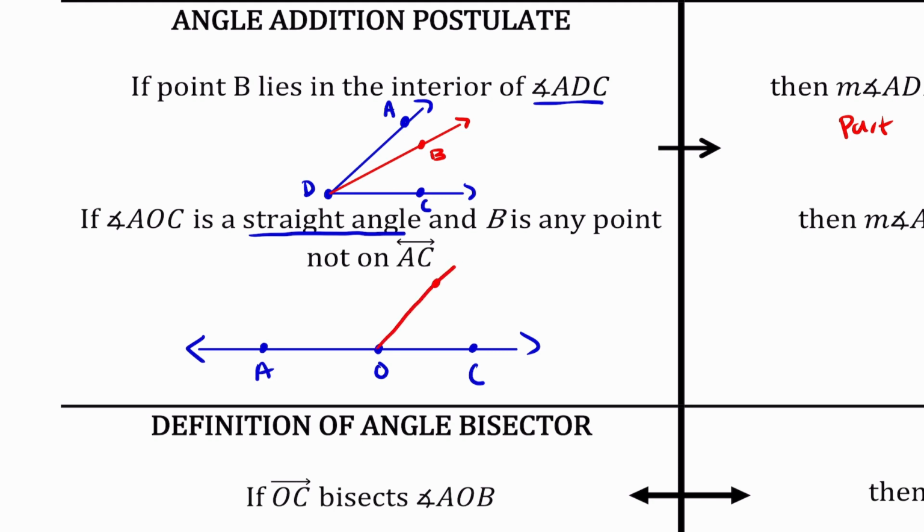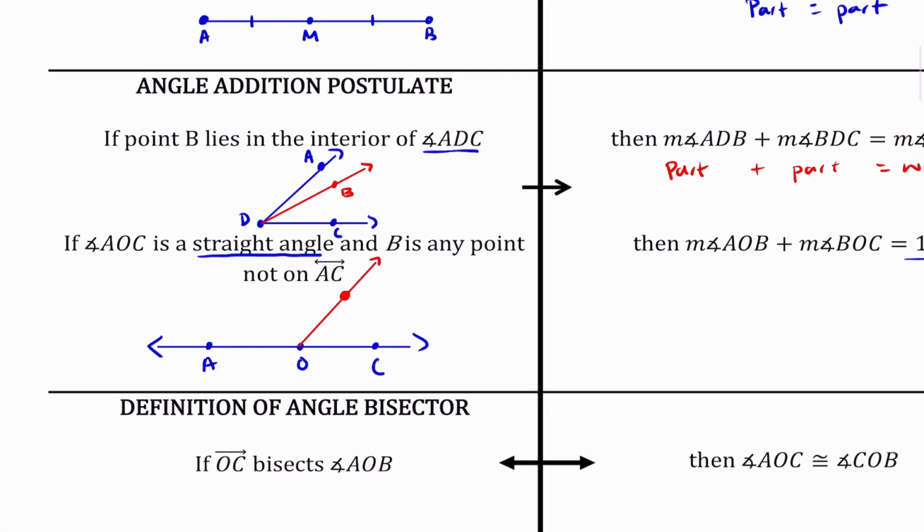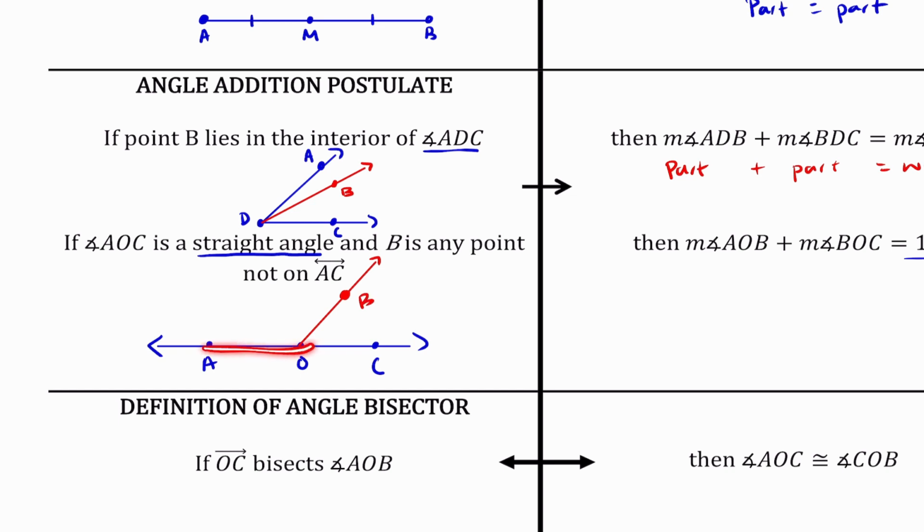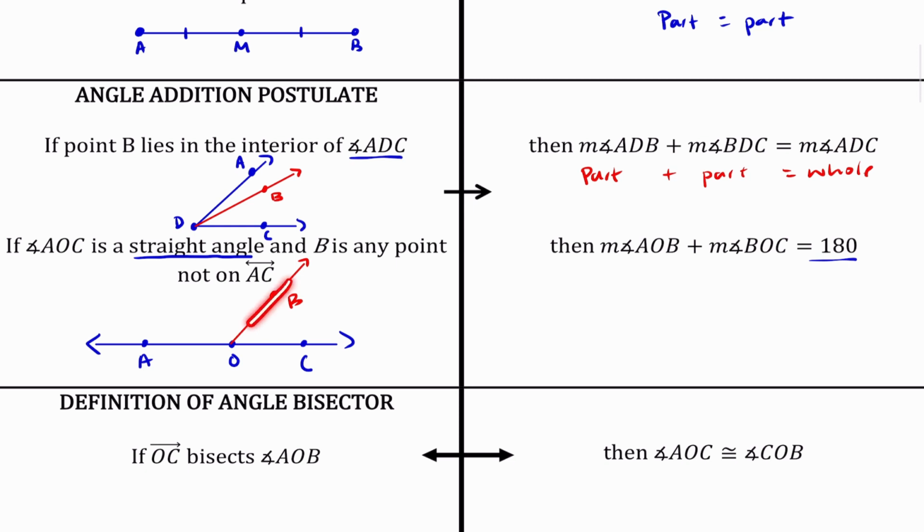So then I'm going to connect that and see that this is a straight line. This is a straight angle, so they should be 180 degrees. So you have this part here, which is, sorry, I need to label this B. So you have this angle here, this part, which is measure angle AOB, and then I have this other part, measure angle BOC.